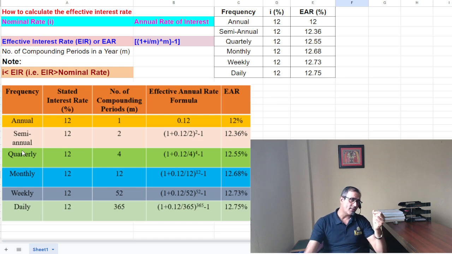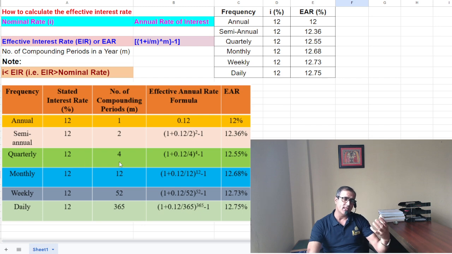If this is semi-annual, there will be two payments; simply 12 months divided by 6 months gives you two compounding periods. So this is 1 plus our nominal rate 0.12, divided by M, which is 2, whole to the power 2, minus 1, and once you multiply the calculated figure by 100, that will provide you 12.36. Now what could be the case for quarterly payment, friends?